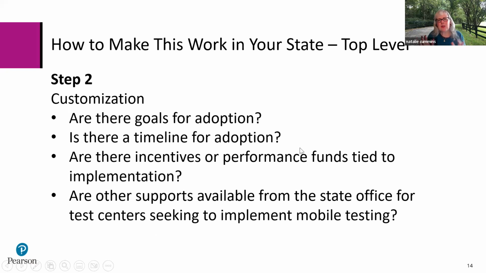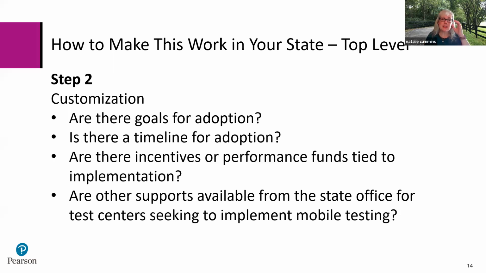The next step after you've analyzed what your footprint already is, is to customize it for your state. Every state has a different adult ed situation, be it funding or how your adult education network is set up, or who typically delivers the GED exam in your state, all kinds of things. So at the state level, you want to think, are there goals for adoption?